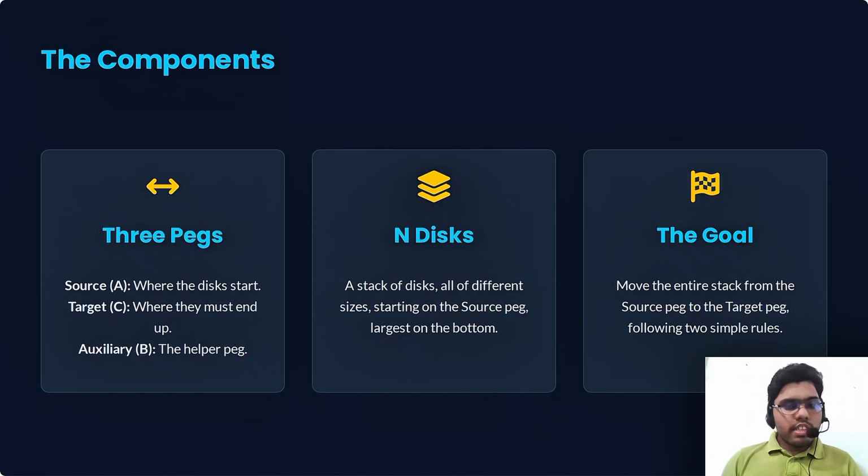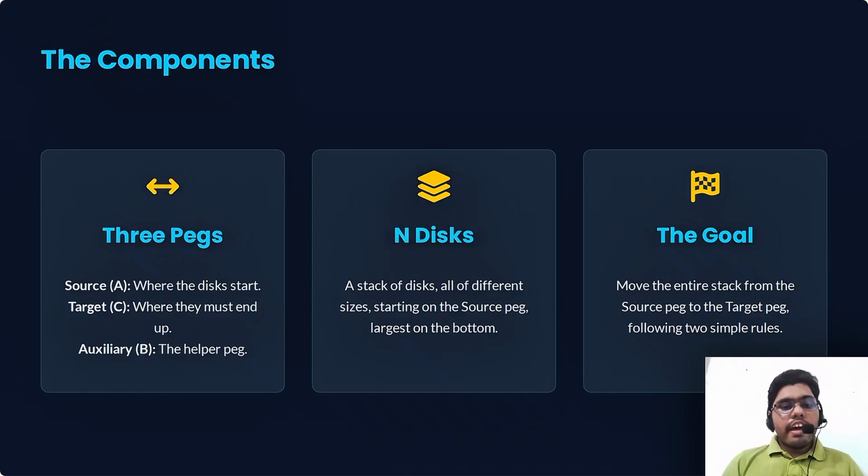The components. So, what are the components? It's very simple. We have 3 pegs. First, the source peg, which is where all the disks start. Second, the target peg, which is where we need to get them to.